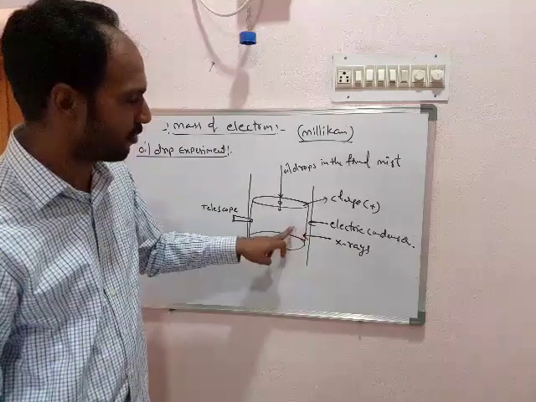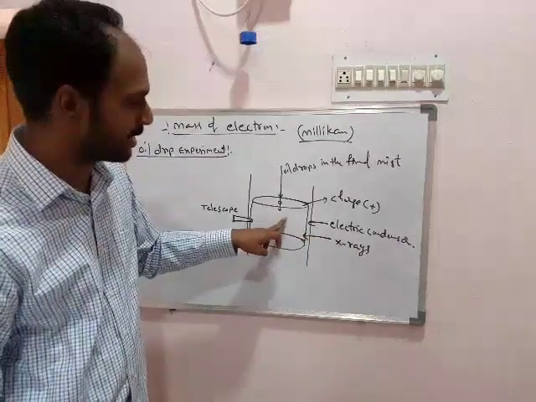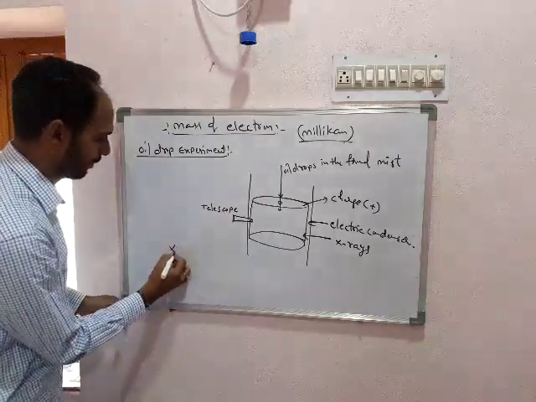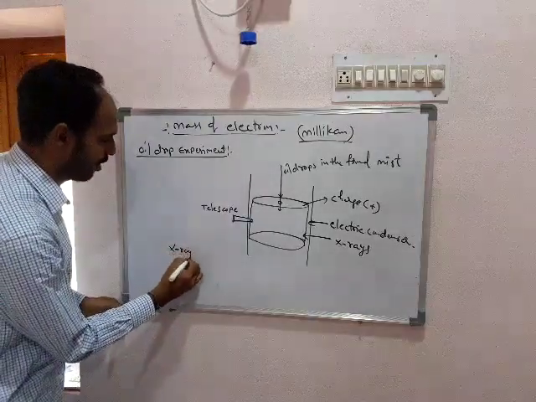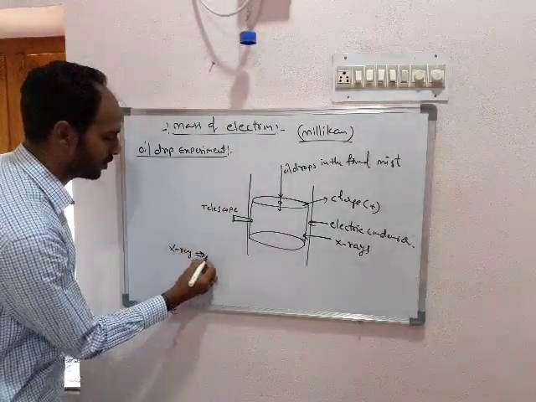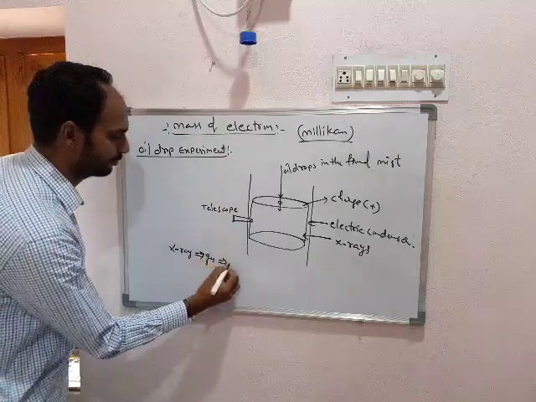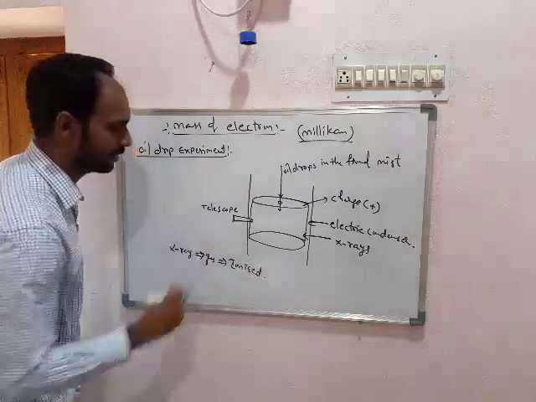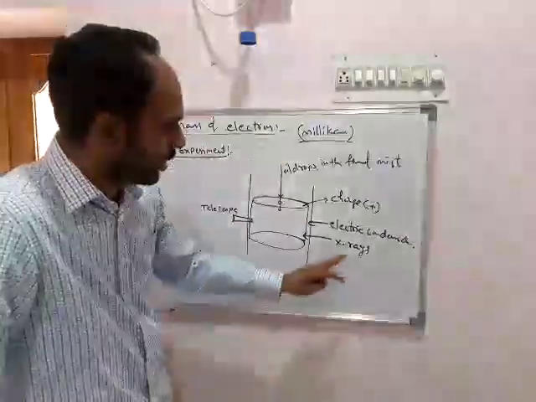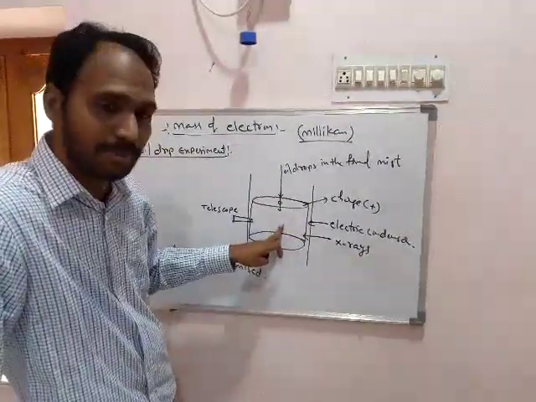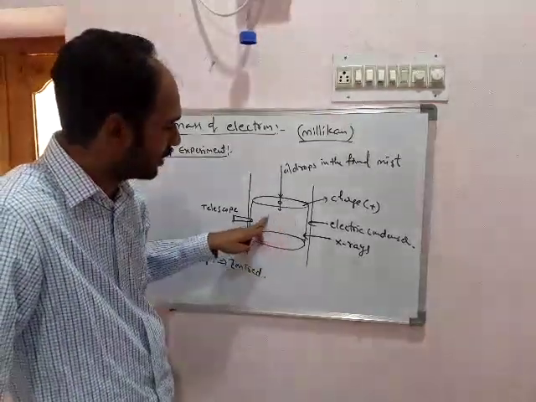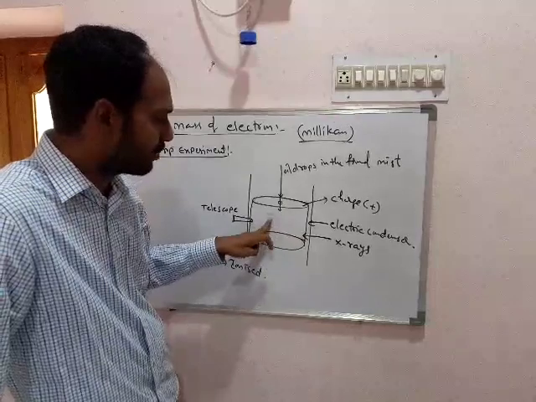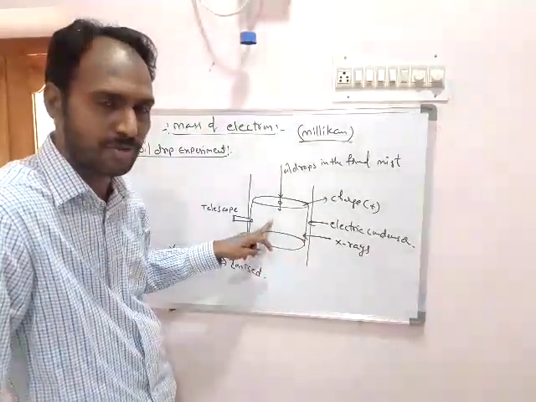After the passage of X-rays, the gas present in the chamber is ionized. Ionized means it becomes ions. There is a formation of some ions.